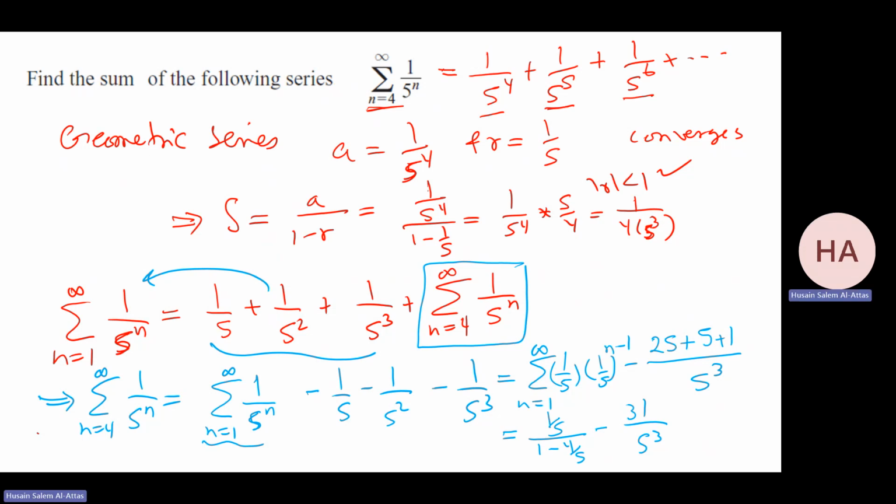No, sorry, R is 1 over 5. So that gives me 1 over 4 over 5, that will be 1 over 4, minus 31 over 5 cubed. Still.